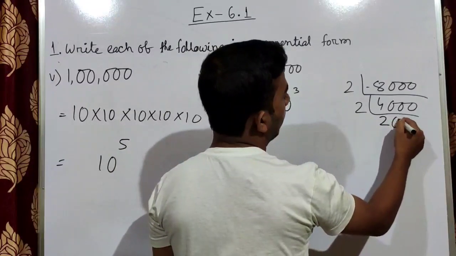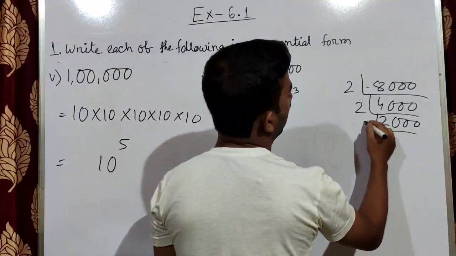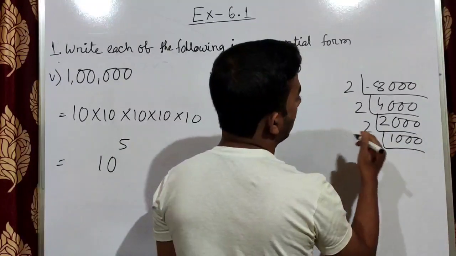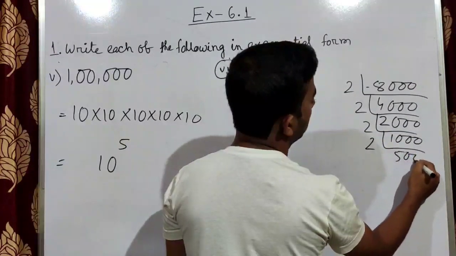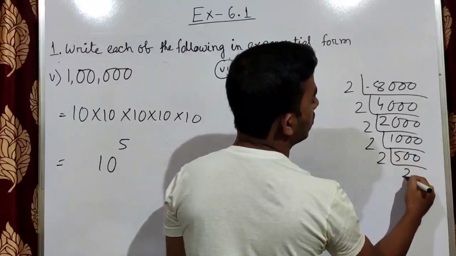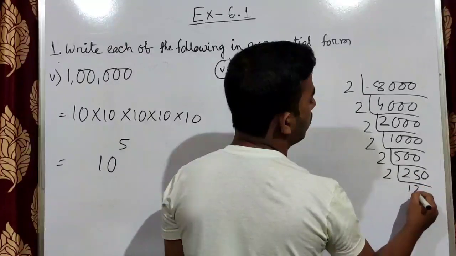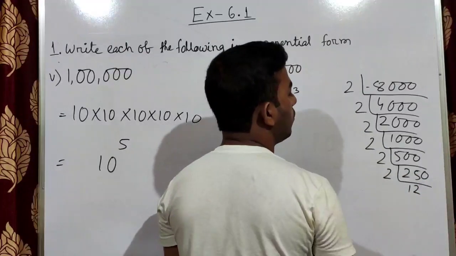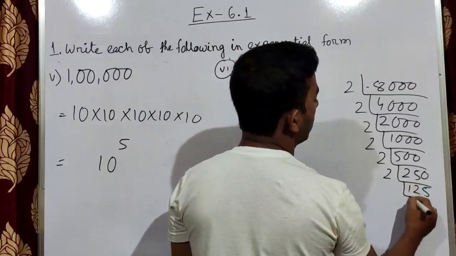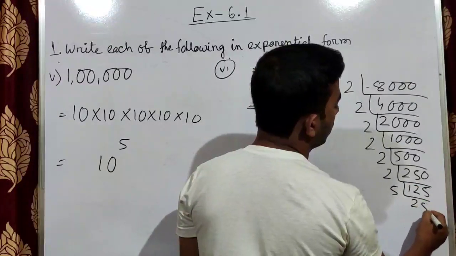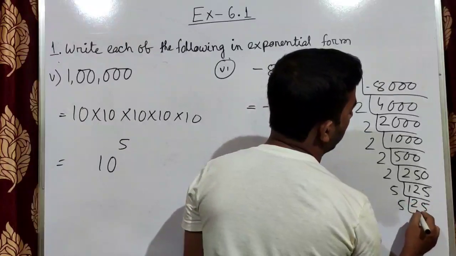Dividing by 2 repeatedly, then by 5, 5, 5.